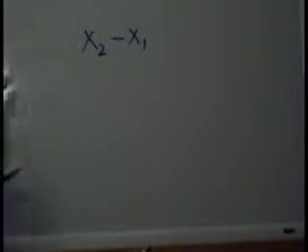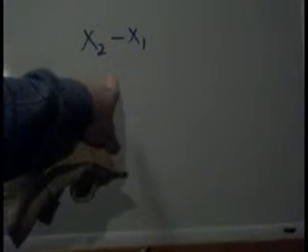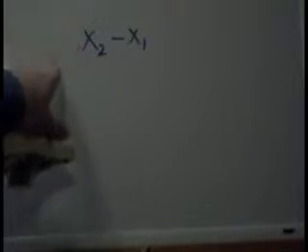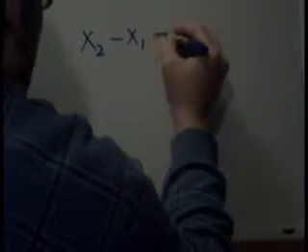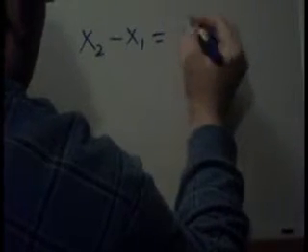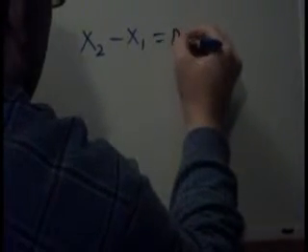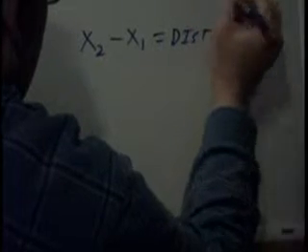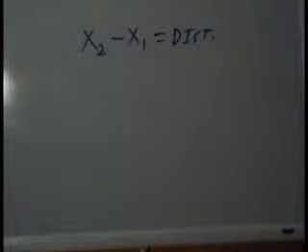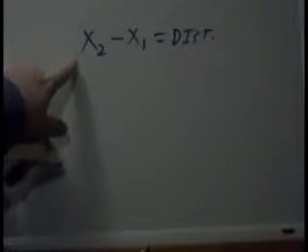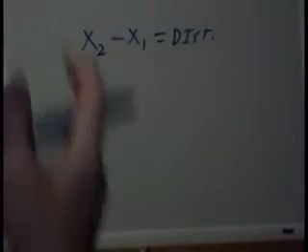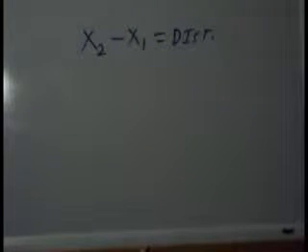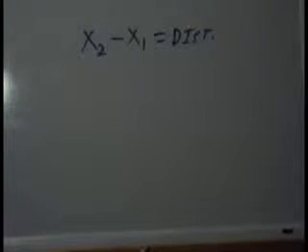Now remember that these are subscripts, not superscripts. So we're not squaring anything. We're just using these as subscripts. So this would equal the distance of the line. I'll just put DIST as an abbreviation. So if you take the x-coordinate here and you subtract the x-coordinate here, you'll get the x-coordinate distance of the line. You can do the same thing with the y-coordinates as you did with this.